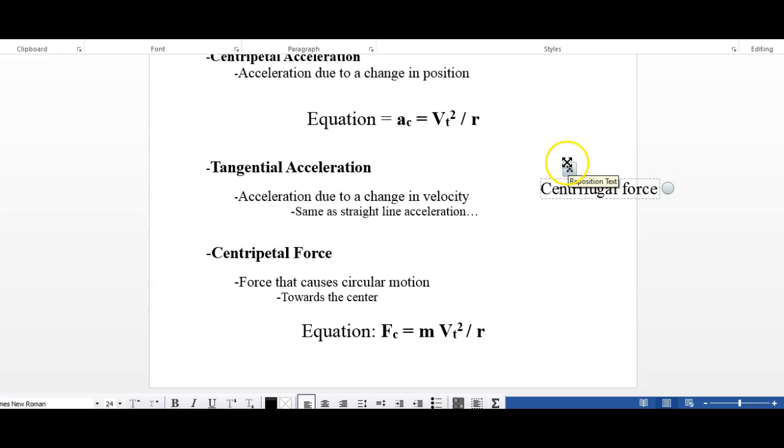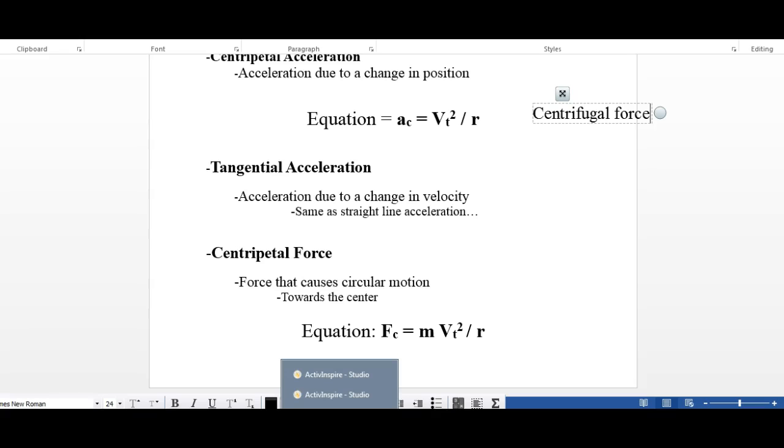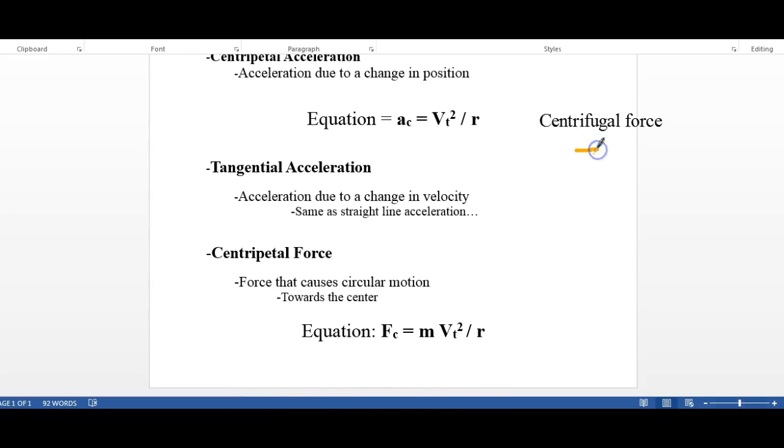And centrifugal force is talking about the force as you have that thing going around, or if you've ever been on a Ferris wheel or the hellhole thing, where it feels like you're being pushed out. Okay, and really centrifugal force is just demonstrating to you this idea of inertia. It's really not there.